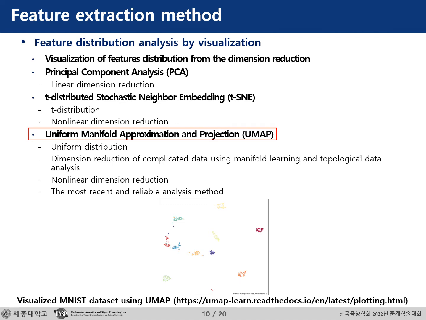UMAP is the most recent and reliable analysis method among them. It uses a uniform distribution unlike others. Also, it uses manifold learning and topological data analysis. The following figure is the MNIST data set visualized using UMAP. We can see the separation ability of UMAP here.